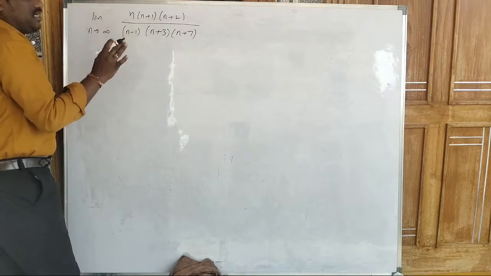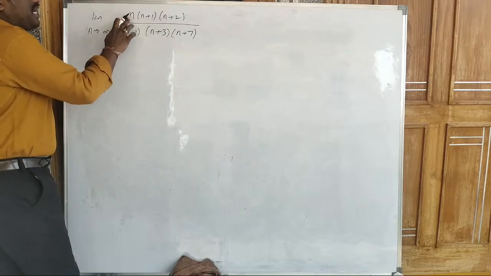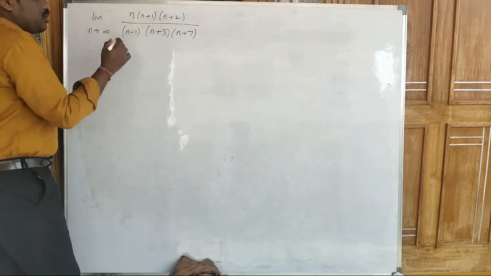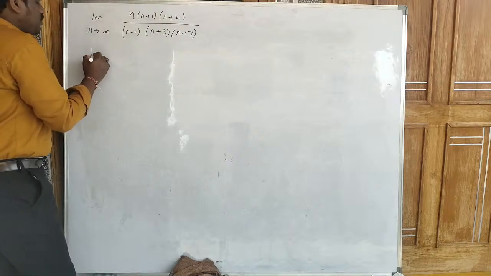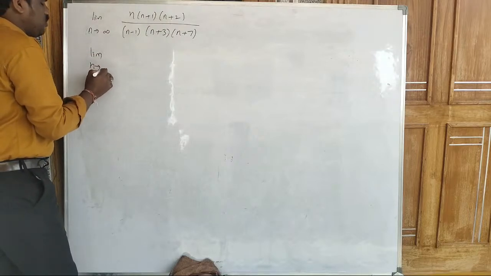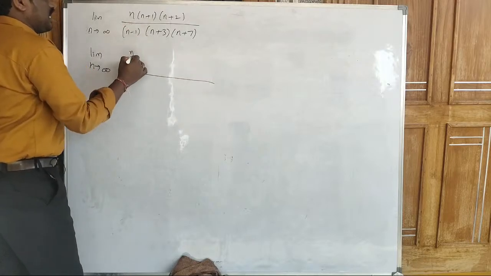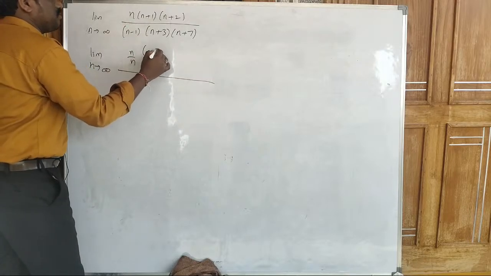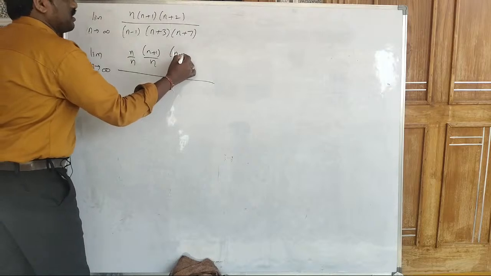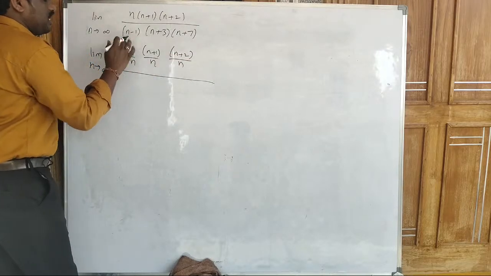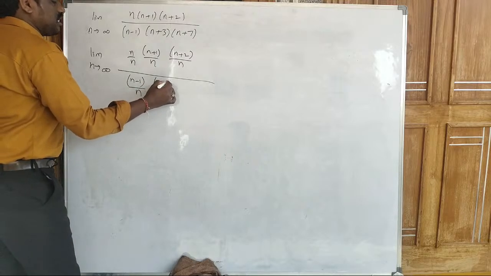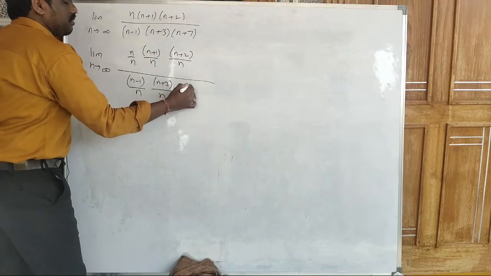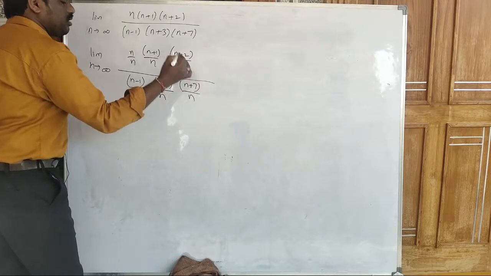The degree is that, so that should be divided. n cube I have to divide, and I divide each factor by n. So what I get here: limit n tending to infinity, (n by n) into (n plus 1 by n) into (n plus 2 by n), upon (n minus 1 by n) into (n plus 3 by n) into (n plus 7 by n).